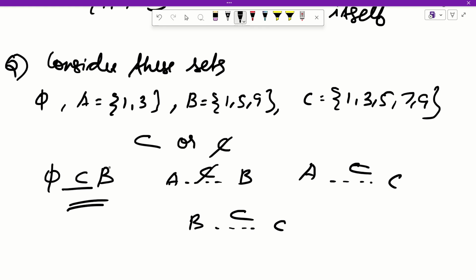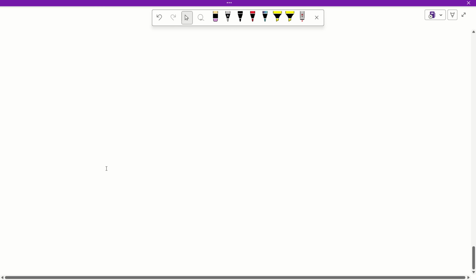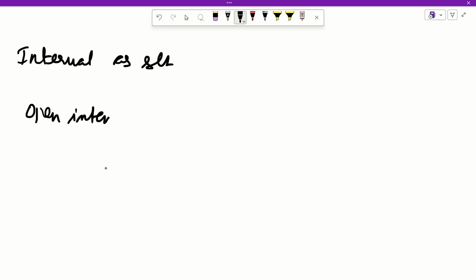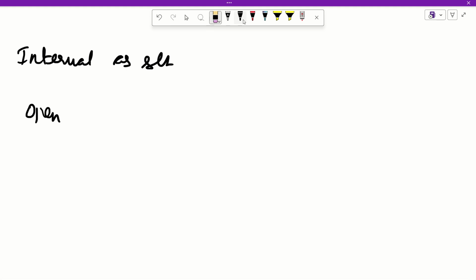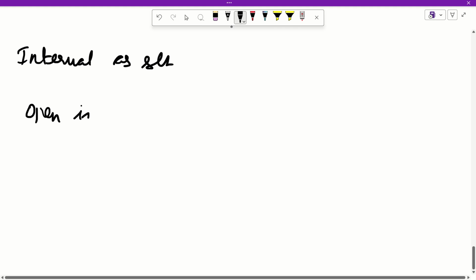So now let us learn about the next topic, which is called interval. First of all, let us learn about open interval.